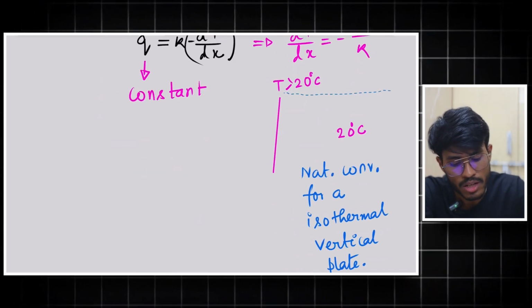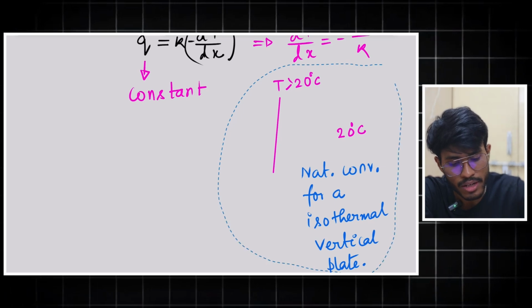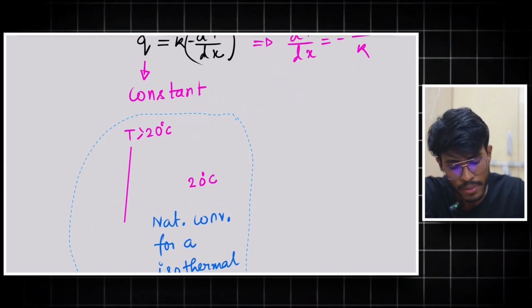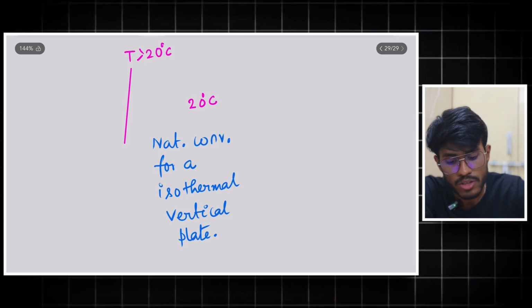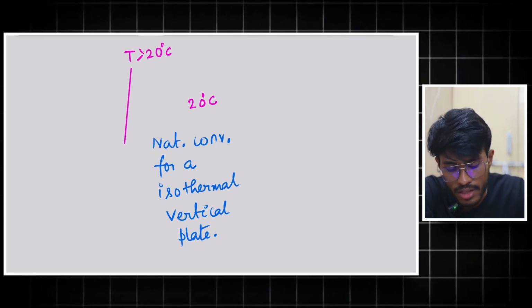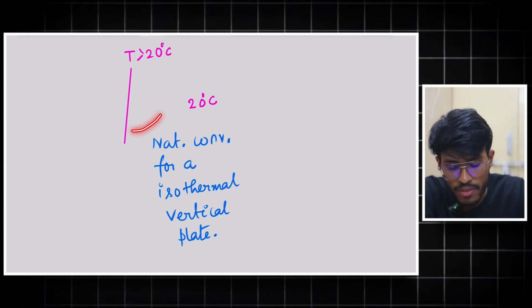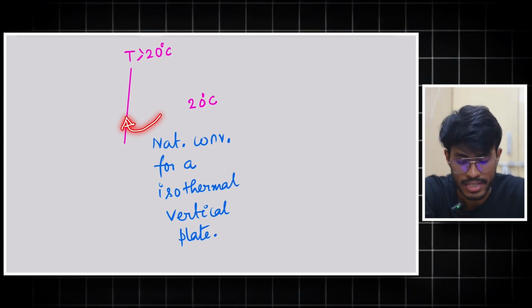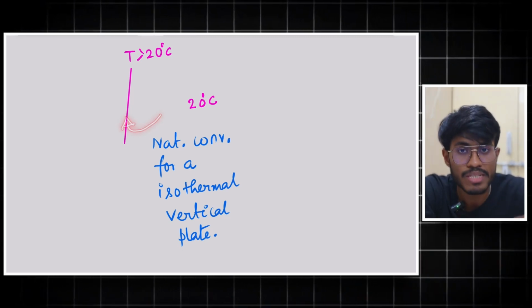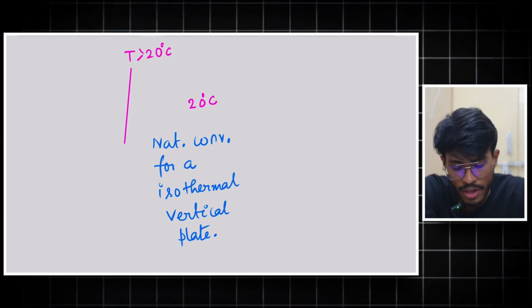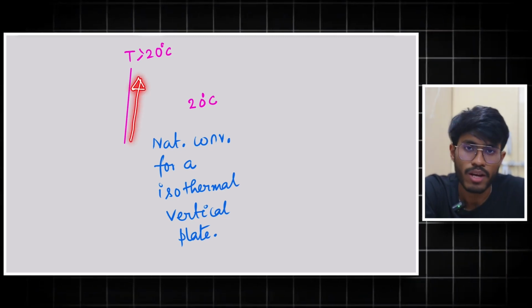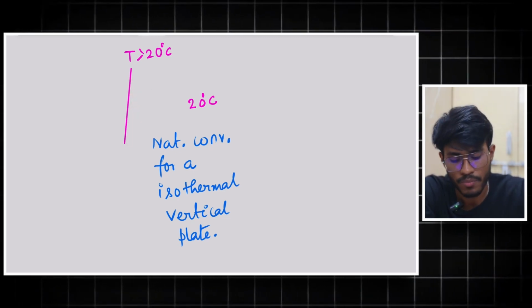Let me just copy this part and place this here. Now what will happen? Physically, in the vicinity of the plate, the air will be heated and its density will be reduced, and because of the effect of buoyancy, it will rise up. Correct?